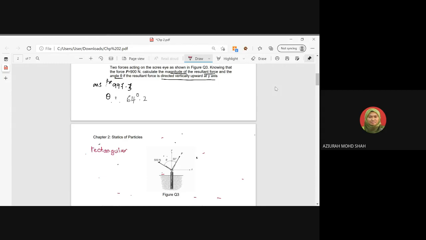So before this, we use parallelogram first, and then we obtain the triangle. From the triangle, we use trigonometric solution where we can use cosine or sine law to obtain this value. But now today, we're going to use the rectangular component. We need to have the same answer. Kalau jawapan tak sama, bermaksud salah satu yang kita buat tu ada yang salah.